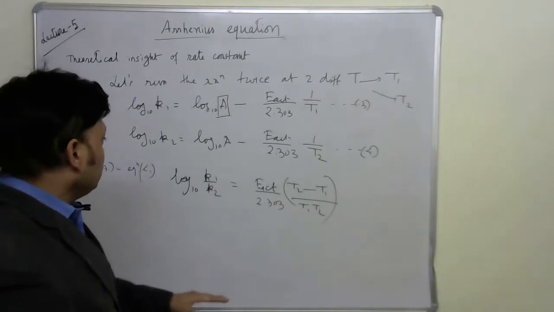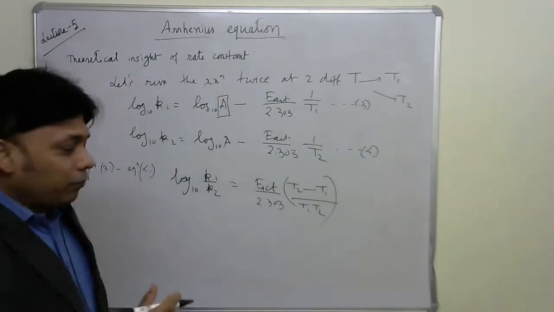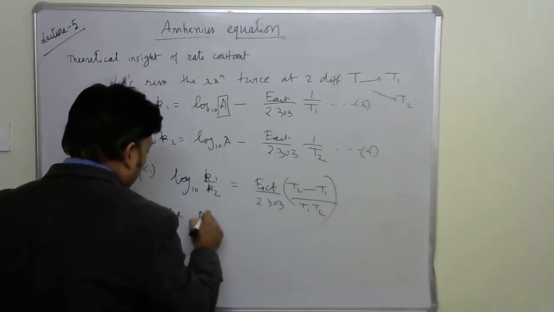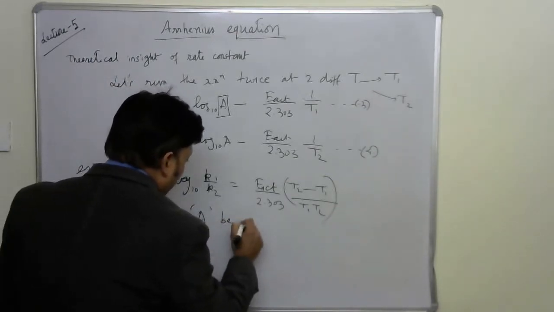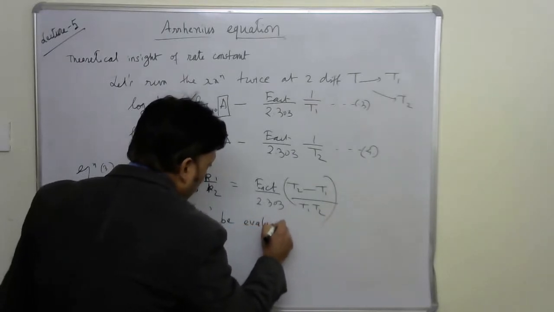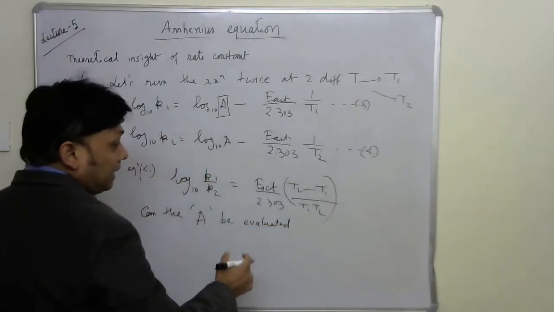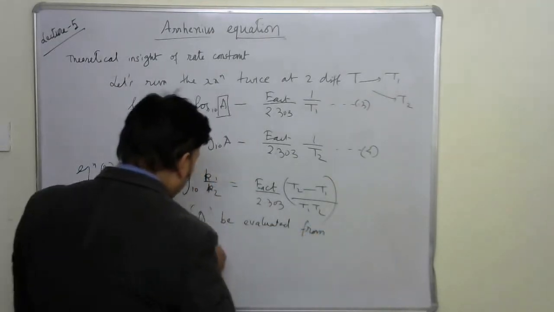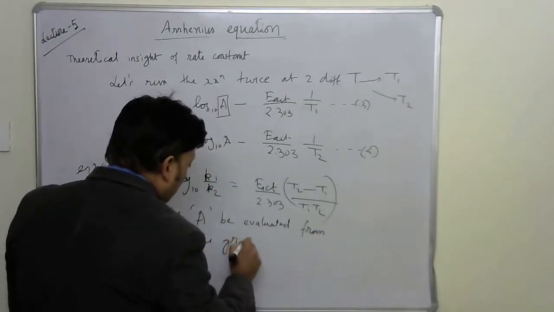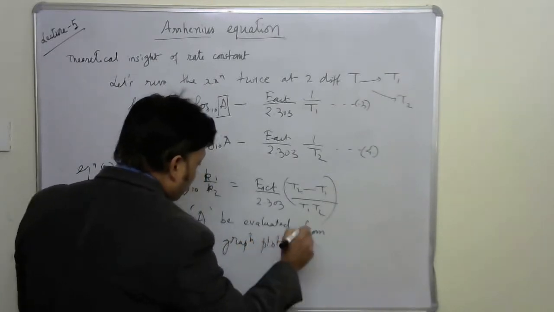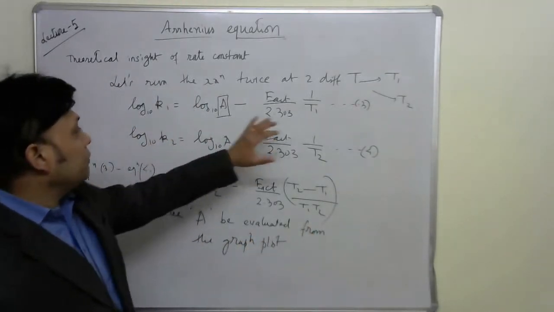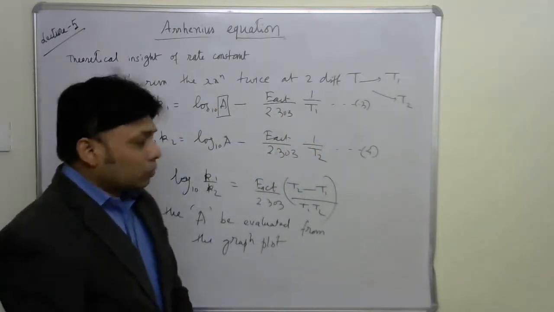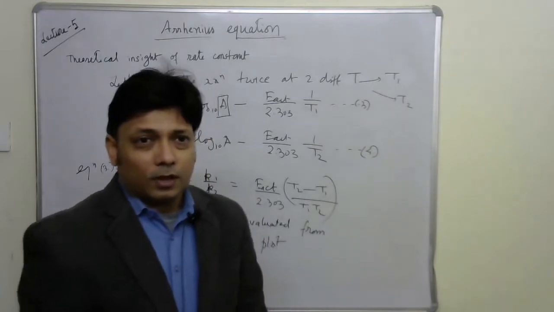Secondly, the question for you: can the frequency factor, that is A, be evaluated or calculated from the graph plot? By graph plot I mean if someone plots 1 over T versus log to the base 10 of k.